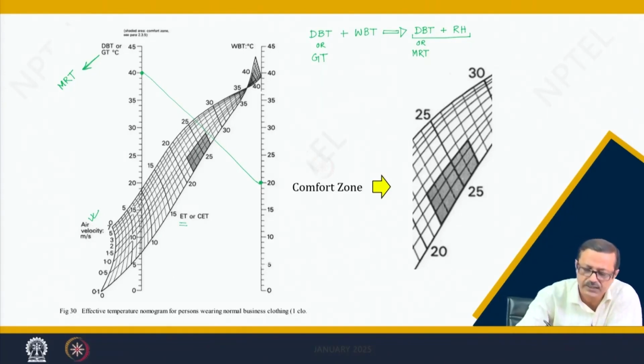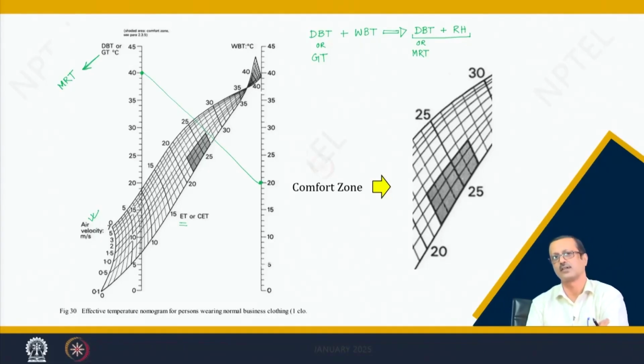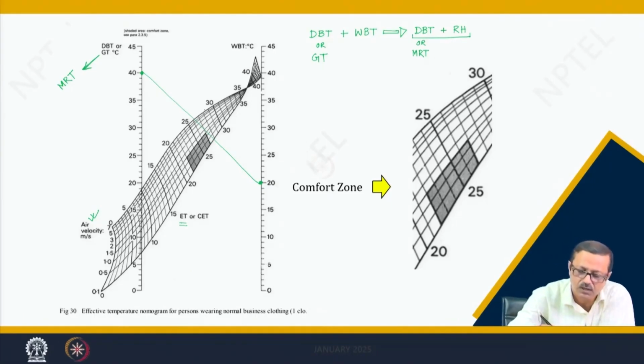So, any combination of air speed will not give me any comfort, or the effective temperature does not come under the comfort scale. The comfort effective temperature lies between about 26, 27, 28 degrees, and this line is the 28 degree line or so. So, it is not coming into comfort.